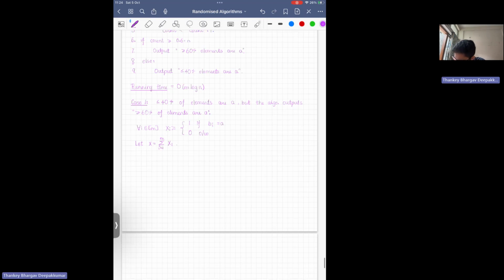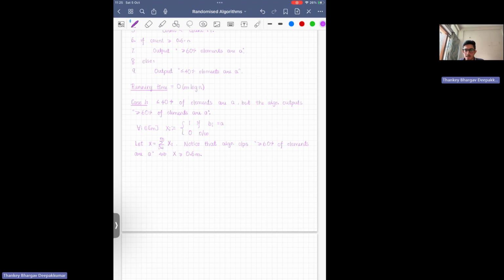Okay, so now notice that the algo outputs, then only if x is greater than or equal to 0.6 times m. So we have a random variable which must be at least 0.6 times m, and we want to upper bound the probability of this happening, right?